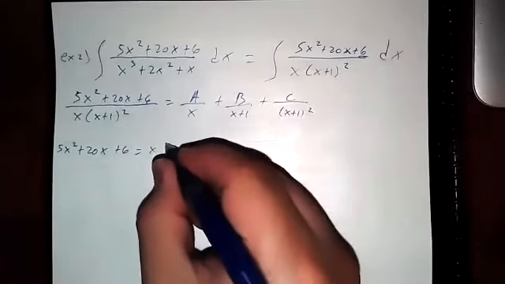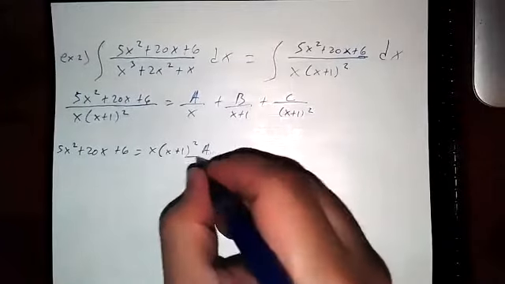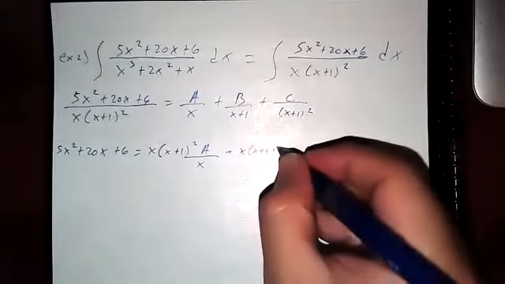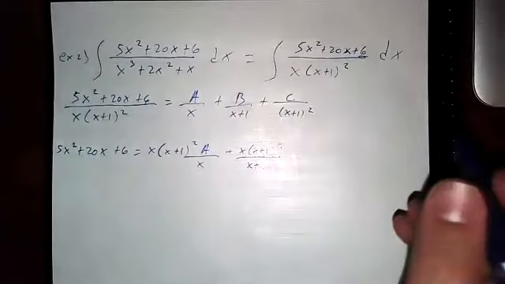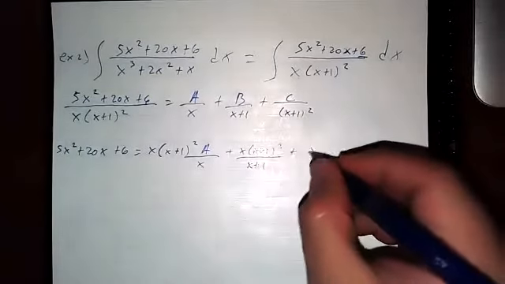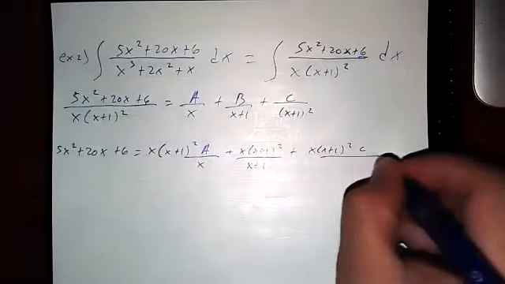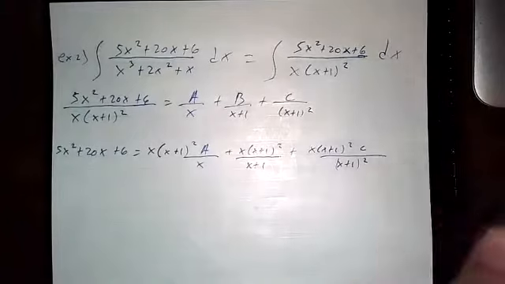So multiply x times x plus 1 squared times a over x plus x times x plus 1 squared over x plus 1 plus x times x plus 1 squared times x plus 1 squared.